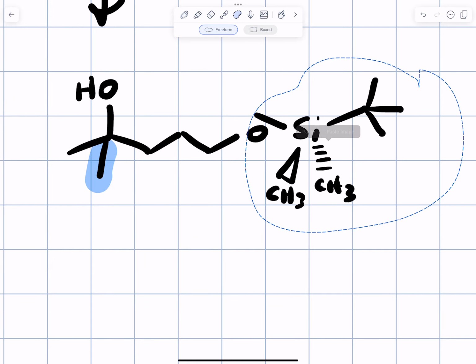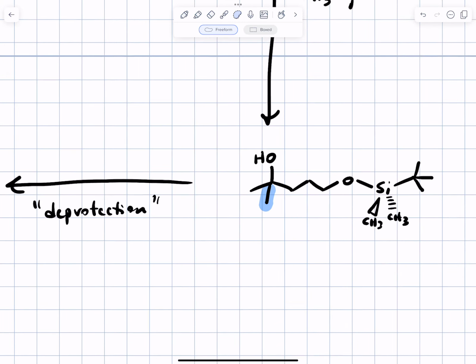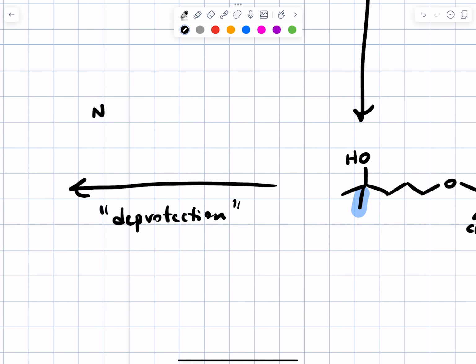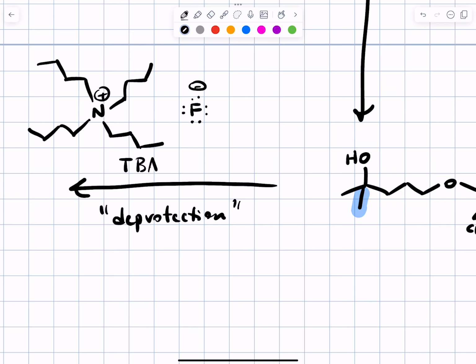I actually want to show you the structure of the silyl ether protecting group. Okay, your reagent for deprotection, and this is sort of alphabet soup today, is what I'm drawing for you here. There is a counter ion. The real business end of the deprotection reagent is the fluoride anion. This is tetrabutyl ammonium fluoride, or TBAF.